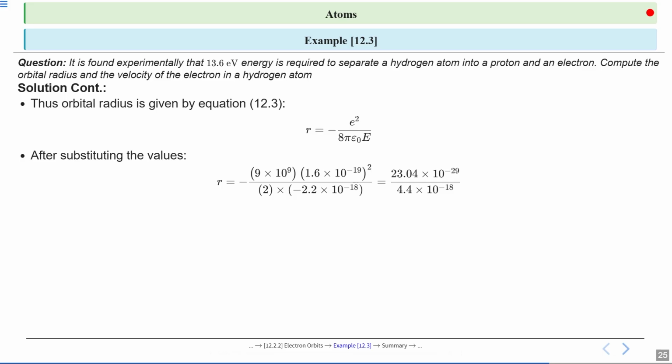Now E remaining is minus 2.2 multiplied by 10 to the power minus 18 joules. So this is equal to 23.04 multiplied by 10 to the power minus 29 upon 4.4 times 10 to the power minus 18.